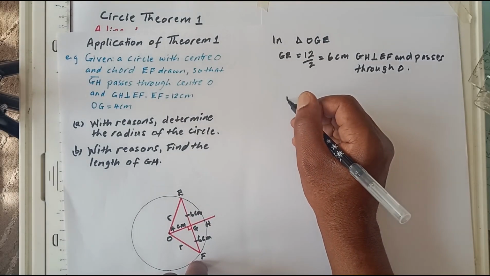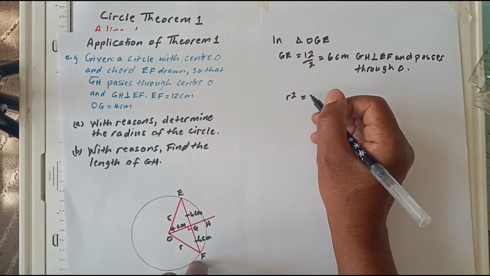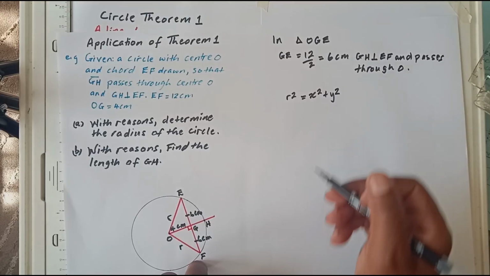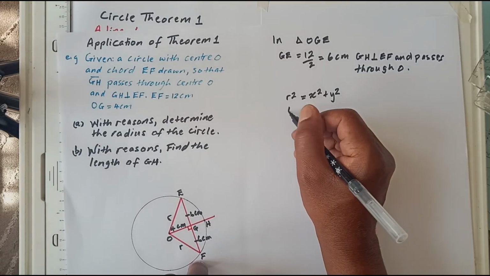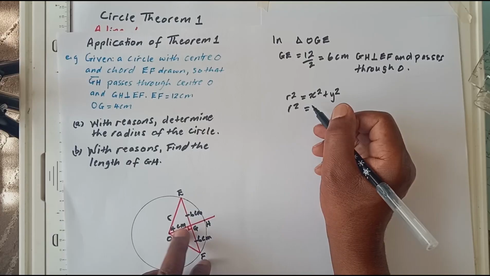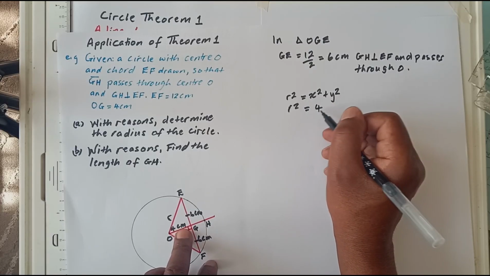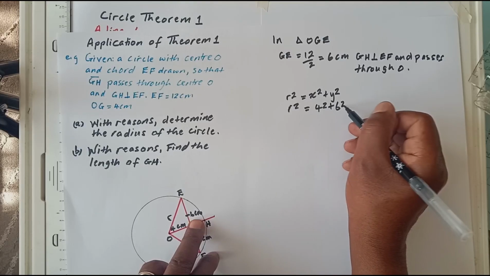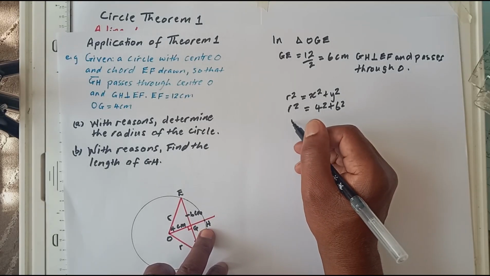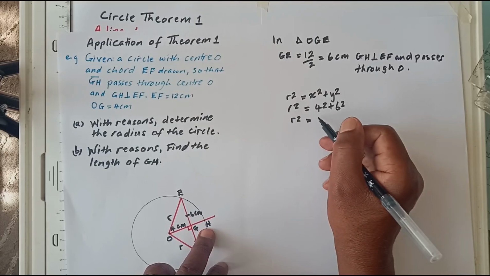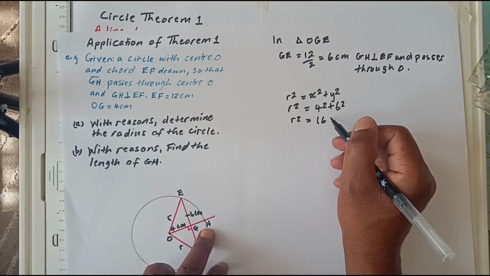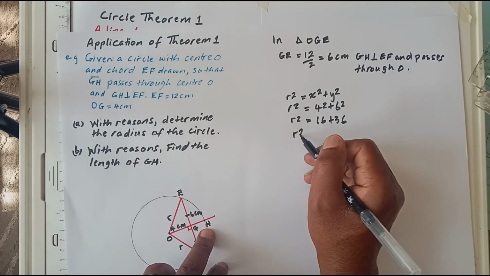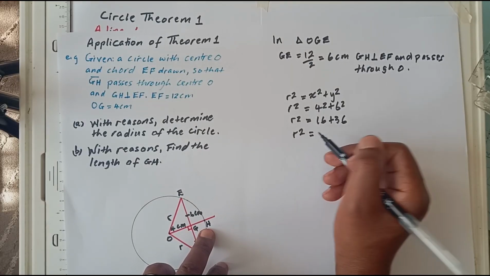So I can write r squared is equal to x squared plus y squared. So r squared is equal to 4 squared plus 6 squared. r squared is equal to 16 plus 36.